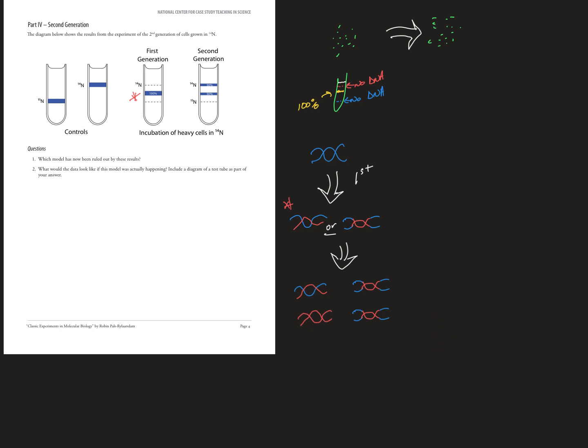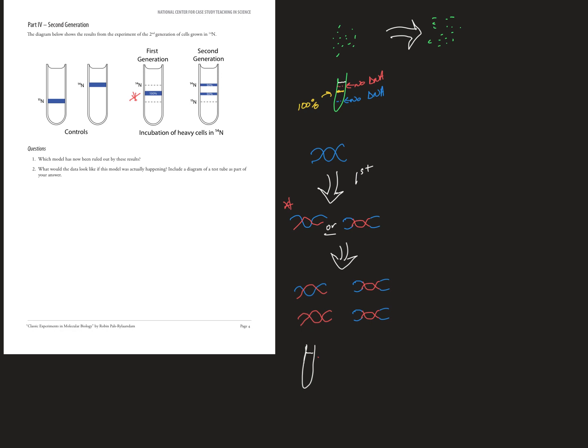So in this test tube, what we would expect with semi-conservative is, I'm sorry, I miswrote that. We'd expect that in a semi-conservative model, you see that here we have light, and then we have the middle one. We don't have any heavy because there's no nitrogen 15 to make new heavy.